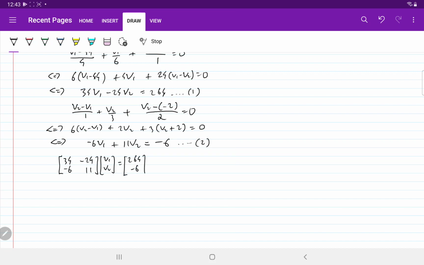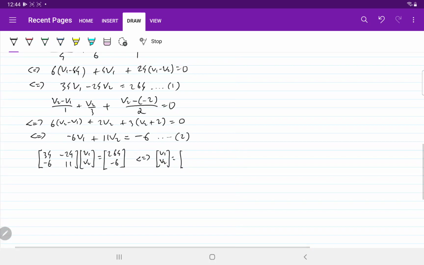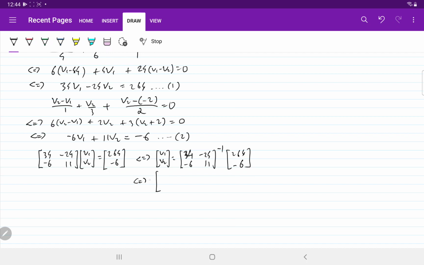Again, you need to invert this matrix, then multiply by 264, minus 6.